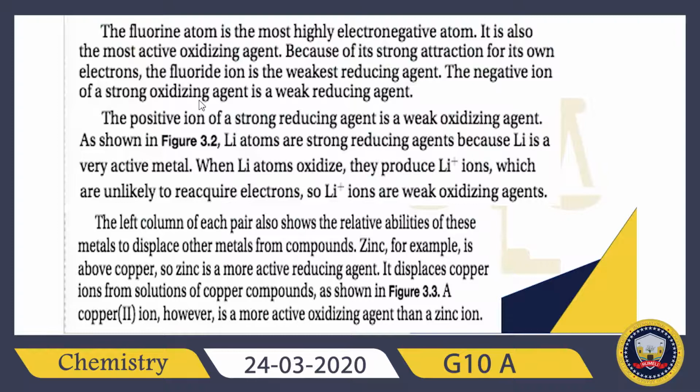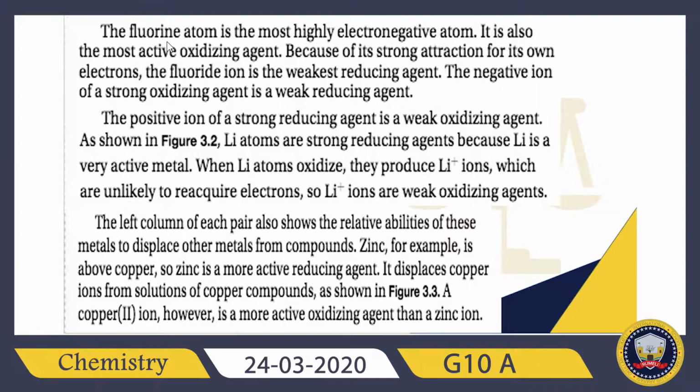Now, the fluorine atom is the most highly electronegative atom, and you know this. I gave you the electronegativity range before, from fluorine, the strongest electronegative atom, to the metals, the weakest. It is also the most active oxidizing agent.